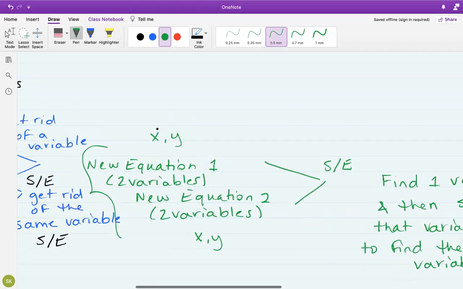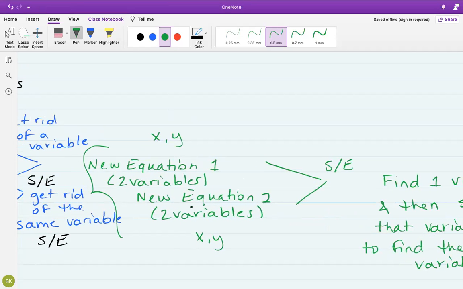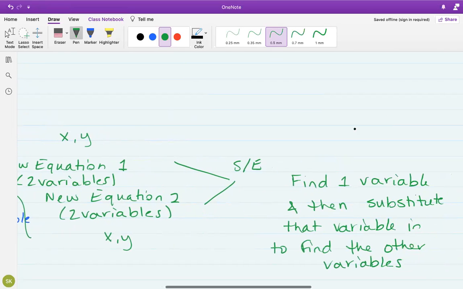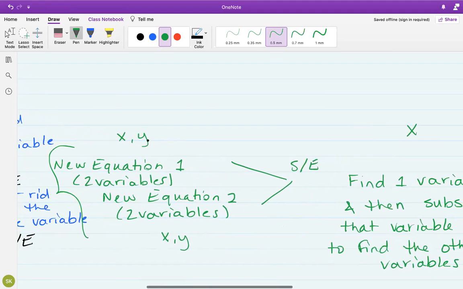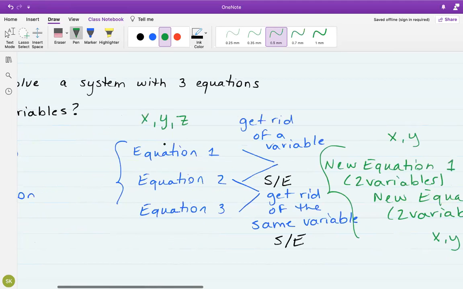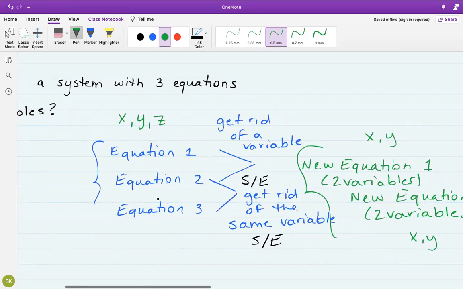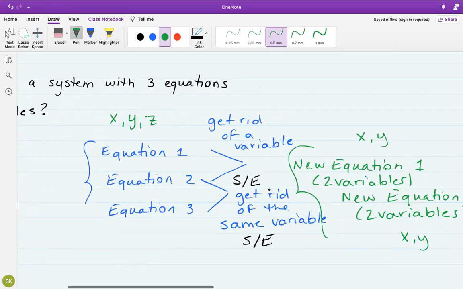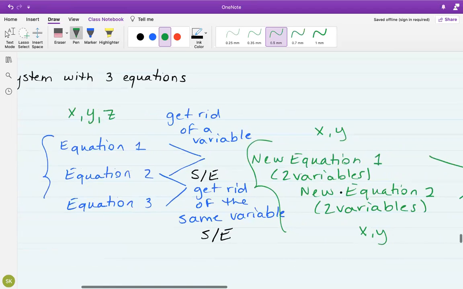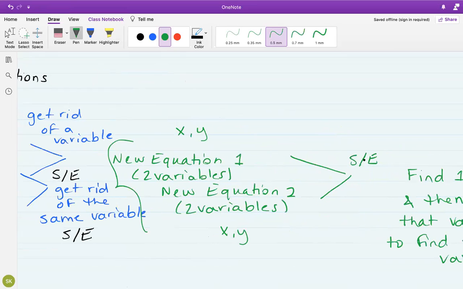So again, here you have two equations involving x and y. Let's say you use substitution and elimination to find x. So then you know what x is. Then once you have x, you can come back here and find y. And then you'll have x and y. And when you have that, you can come back to any one of these equations and find x, y, and z.